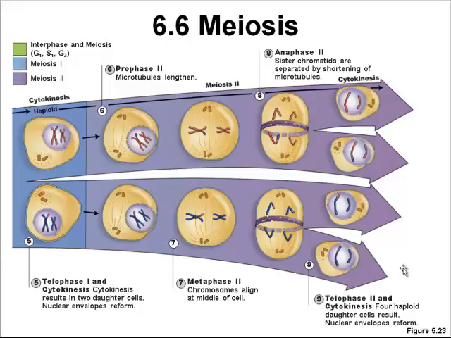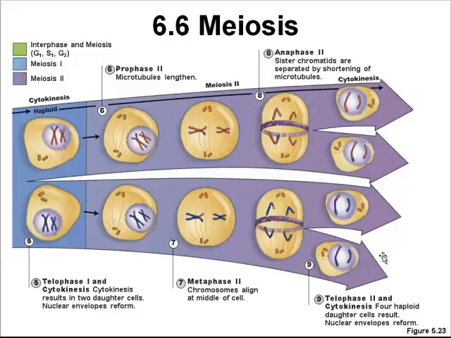It's also interesting to note that if you're creating sperm in this manner, you end up with 4 viable sperm that can go on to fertilize an egg and form offspring. But if you are creating eggs, then you only end up with 1 viable egg and 3 what are called polar bodies. A polar body is a way of getting rid of the extra DNA. You can envision 1 egg here and then just this little tiny structure that contains these chromosomes, and the same thing here and there.